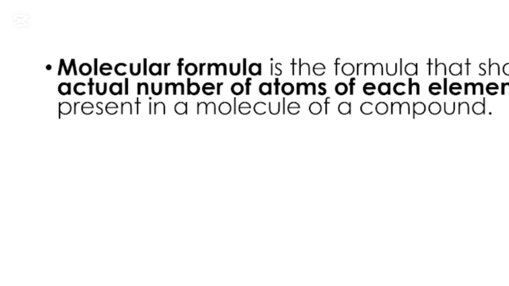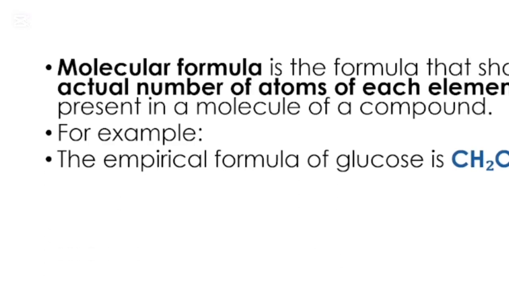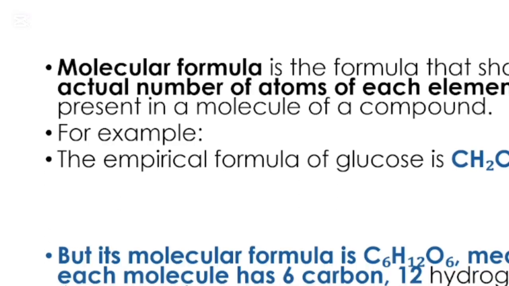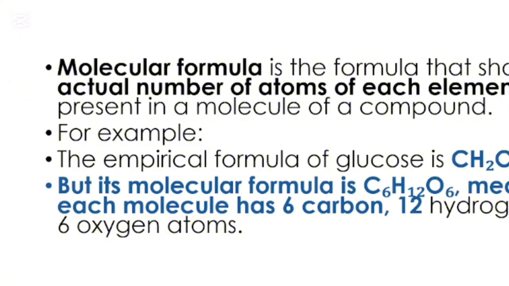The molecular formula is the formula that shows the actual number of atoms of each element present in a molecule of a compound. For example, the empirical formula of glucose is CH2O, but its molecular formula is C6H12O6, meaning each molecule has 6 carbon, 12 hydrogen, and 6 oxygen atoms.